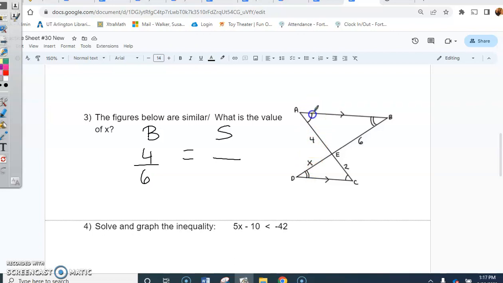But if you look here, that single marking, that means these two go together. So the 4 should go next to the 2. Here's the double marking. The x and the 6 go next to each other. Okay? So your job is to solve for x.